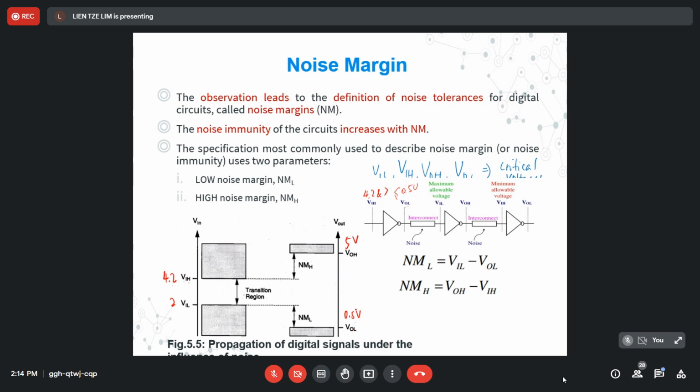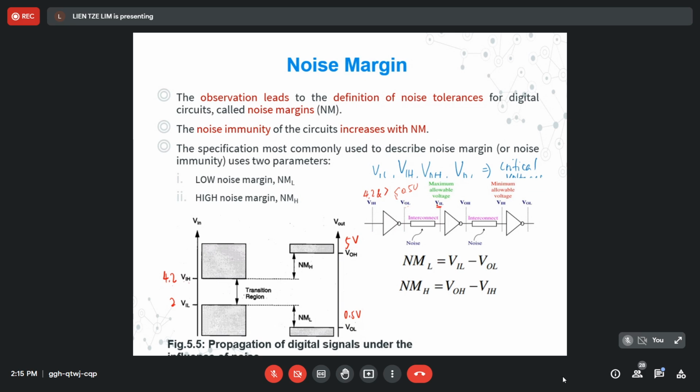You see that the VOL voltage level should be about 0.5 volt as labeled here. This is below; 0.5 is the maximum voltage when the output is low. When this signal with this voltage level propagates to the input of the second inverter, the voltage here is called VIL.